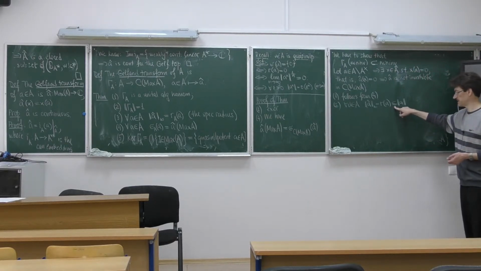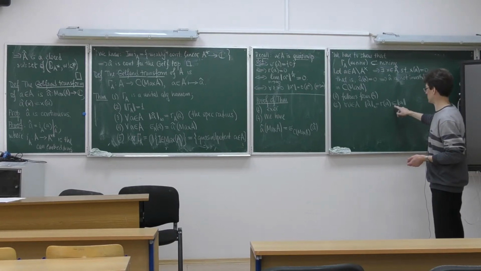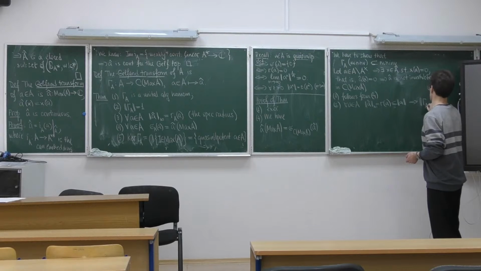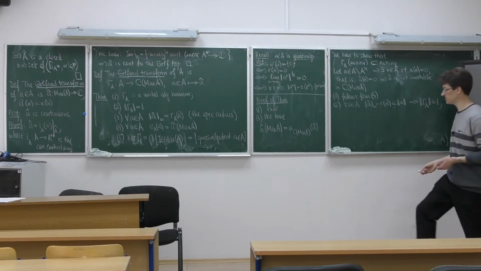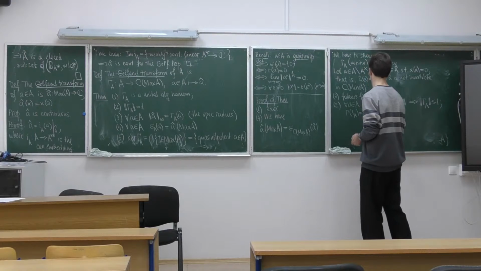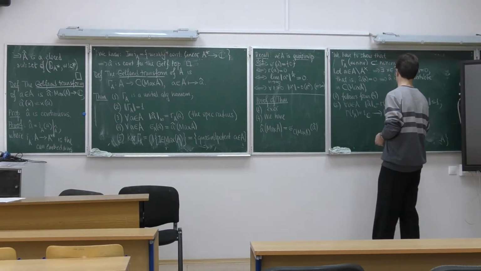This inequality holds in any unital Banach algebra. And so the norm of gamma is less than or equal to 1. But since it is unital, and since the norm of the identity element is equal to 1, we conclude that the norm of gamma is 1.